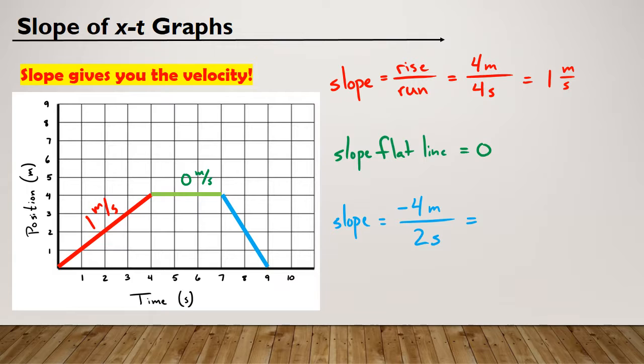So when I simplify that, I have a velocity of negative 2 meters per second, which again makes sense. She was going 2 meters per second, and that negative sign just tells me the direction. Because she's going back towards her 0 point, that negative tells me she's going backwards.